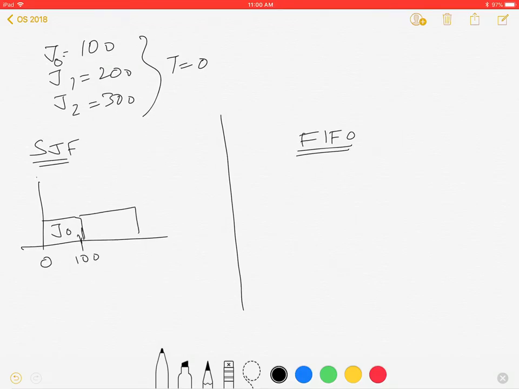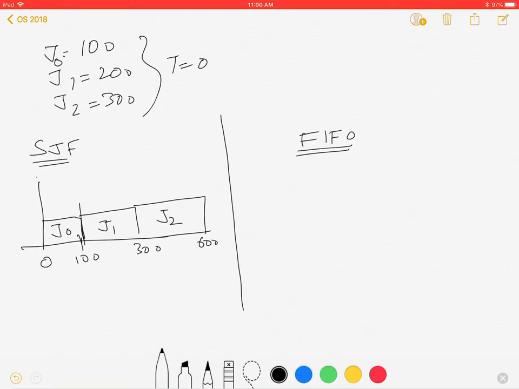From 100 till the time J1 completes, just 300, we'll have J1 executing. And from 300 to 600, just for 300 units of J2, we'll have J2 executing.